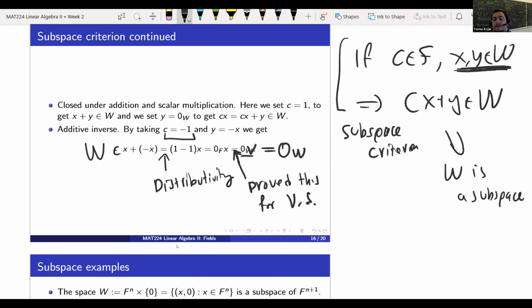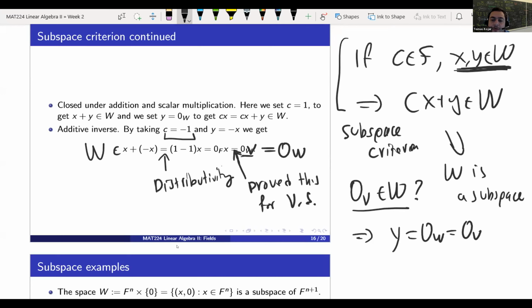So you see, we were very careful with how we did them in order. So for example, I did not know that 0V is in W. Okay, I did not know that. I had to prove it. Then once I got that, then I could set y to be 0W. But a priori, I didn't know that.